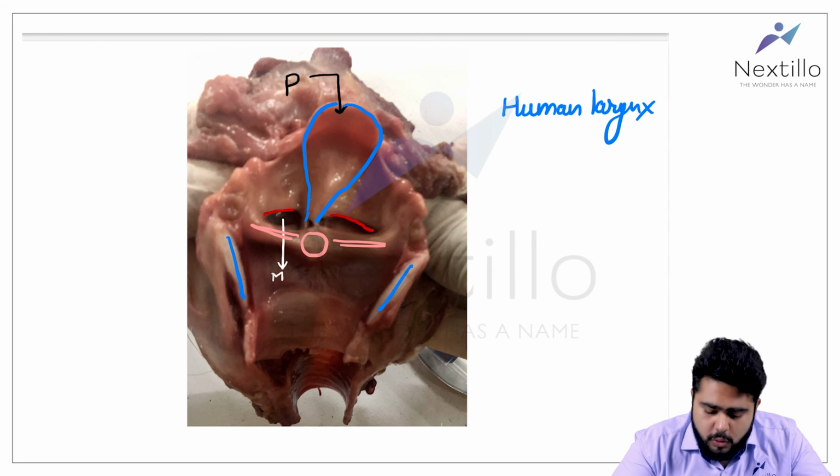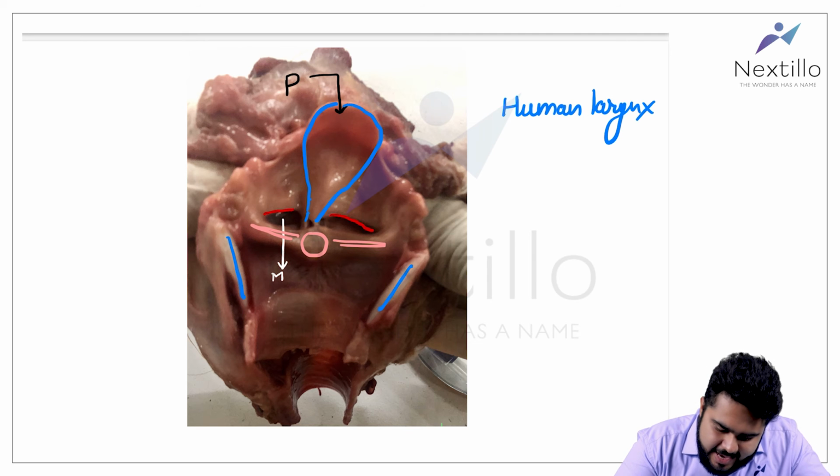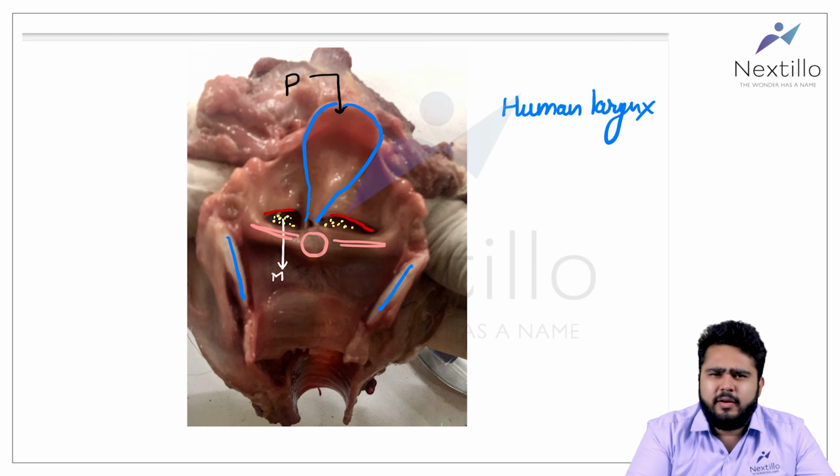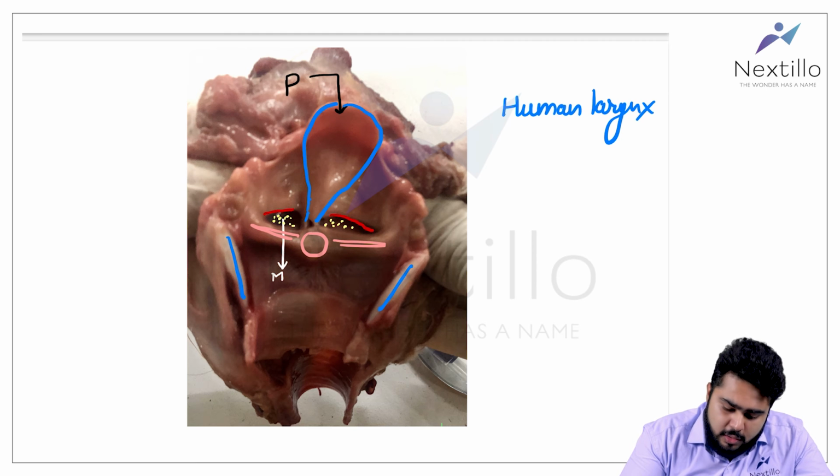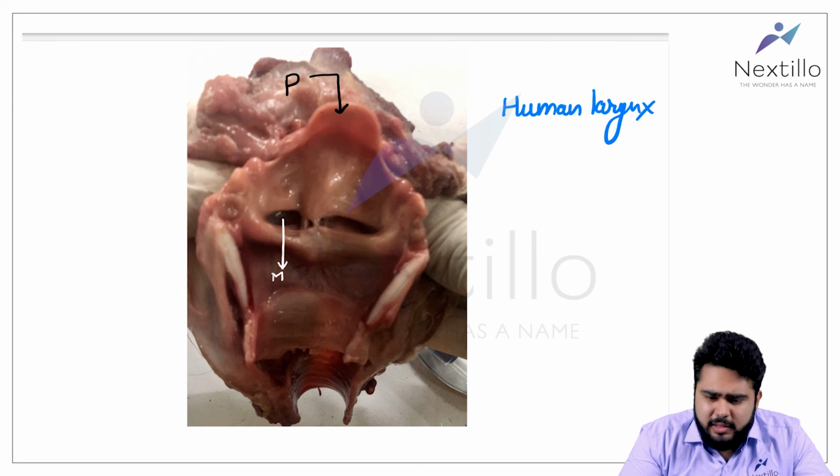Now this area in between these two, what do you call it? The ventricle, where you have air. You can call it ventricle or saccule. Right? Clear, everyone? This is a picture of human larynx, so you can identify the different structures.